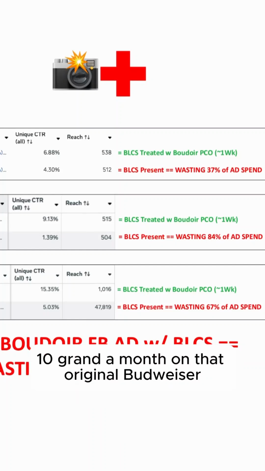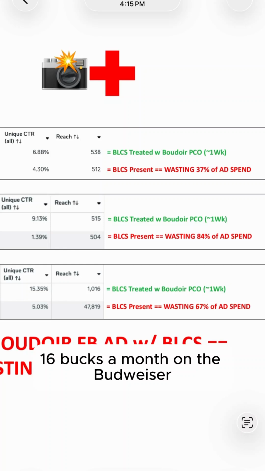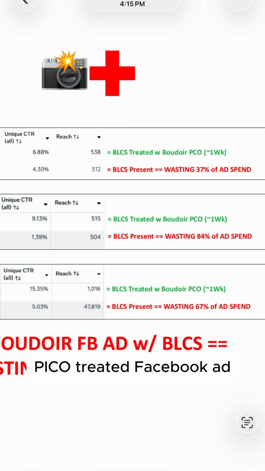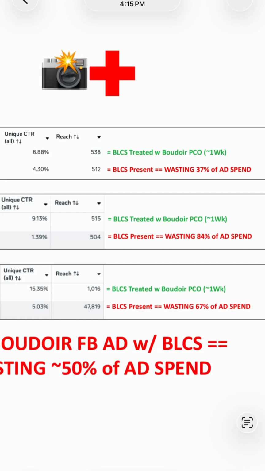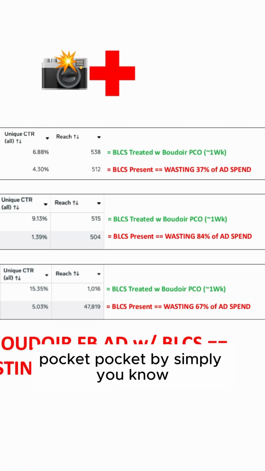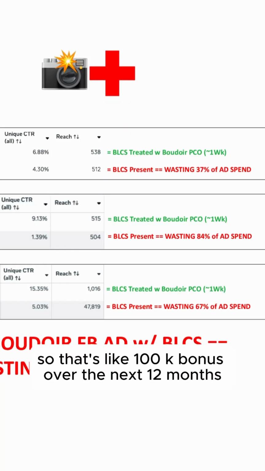So if they're spending 10 grand a month on that original ad, now they only need to spend $1,600 a month on the Boudoir Pico treated Facebook ad, and they get their ad into the same number of women's brains in both scenarios. So they eliminate $8,400 a month in wasted ad spend, and they just pocket that $8,400 a month by simply not spending it. So it's like a 100K bonus over the next 12 months.